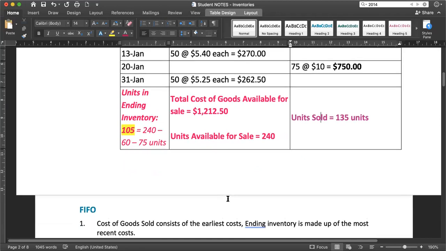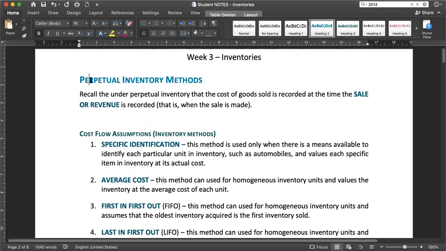So recall, let me just scroll back up here. Right now I'm looking at perpetual inventory. Perpetual inventory means that when we have a sale, we debit cash or accounts receivable and we credit sales, then at the same time, we record a debit to cost of goods sold, which is an expense, and a credit to inventory to show that the inventory, which is an asset, is now less.